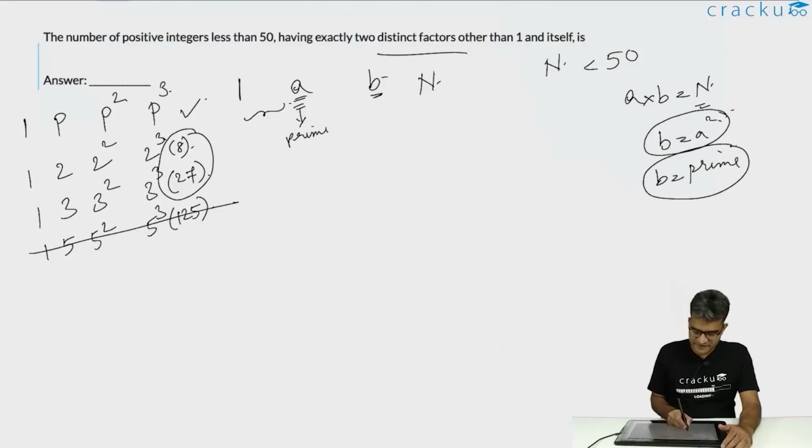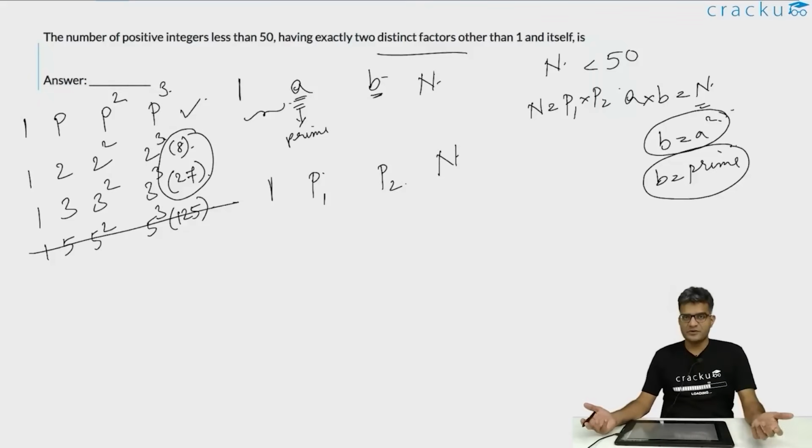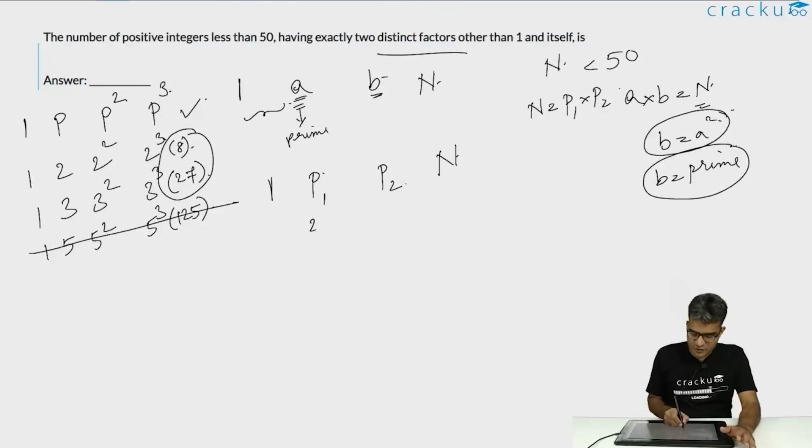In the second case, we are assuming that B is a prime number. So basically we have 1, we have a prime number P1, and we have another prime number P2, and we have n. And the value of n is one prime number P1 into another prime number P2. What are all the cases that are possible? Over here there is no easy way to do it. We have to just manually enumerate it. We'll first assume that P1 is equal to 2.